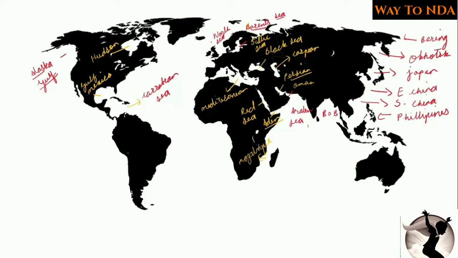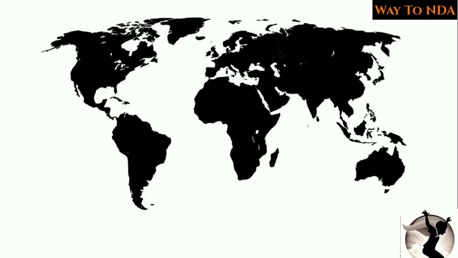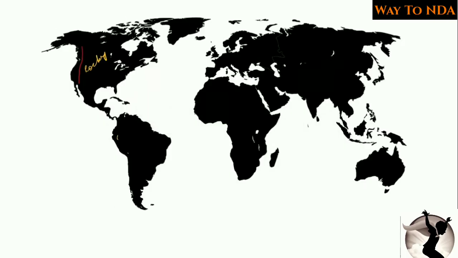Now let's see the important mountain ranges of the world. If we start from North America, here you will find the Rocky Mountains. In the south, on the western side, you will find the Andes.